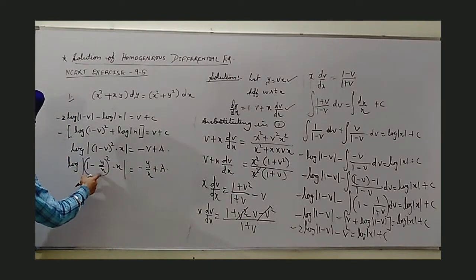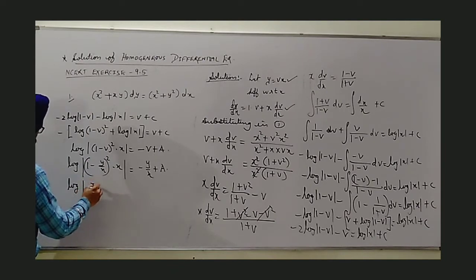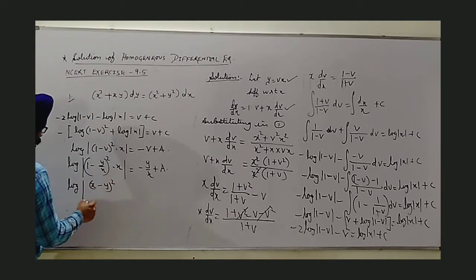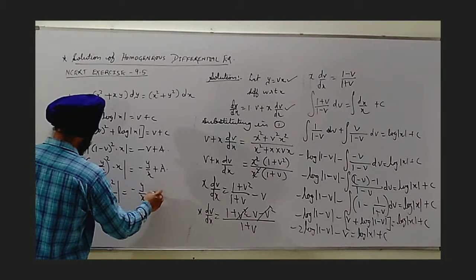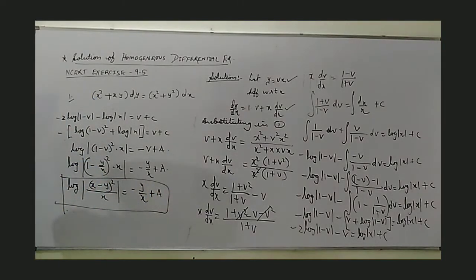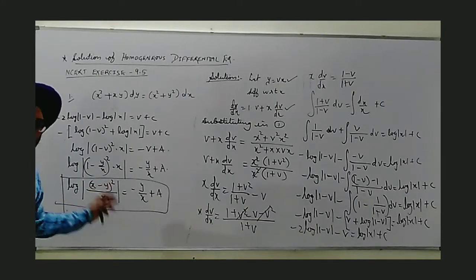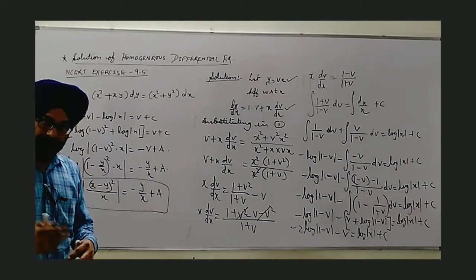Here I see when I simplify, (x minus y) whole square upon x equal to minus y upon x plus a. This can be considered to be the final solution for the given equation. I hope you get it. In comparison to separable, this will be lengthier. Okay. We'll see the next question now.